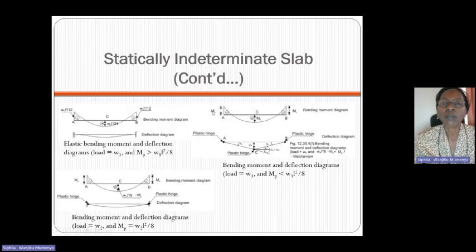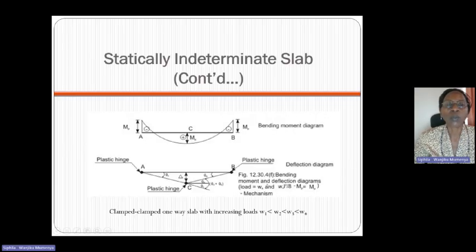If we increase the load further to W3, then there will be three plastic hinges formed at A, C, and B. The bending moment diagram will be with a load W4, and W4 L squared over 8 will be greater than MP, and it is shown like that.